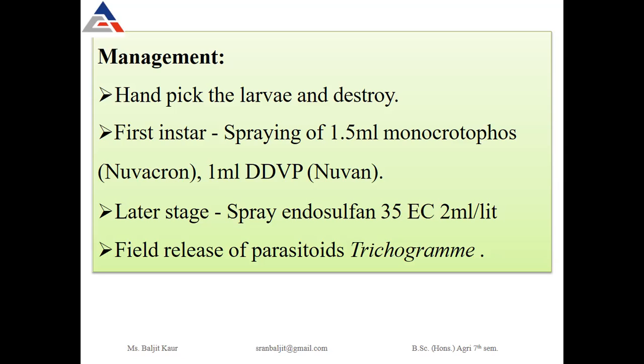And we can also release parasitoids, that is Trichogramma. So the parasitoid Trichogramma is an enemy of this insect, the butterfly. And the caterpillar stage of this butterfly is very harmful for the citrus plants. So we have to manage the butterflies and their larval stage. We have to pick them out, we can spray the plants with monocrotophos and endosulfan, and we can release parasitoids, that is Trichogramma.